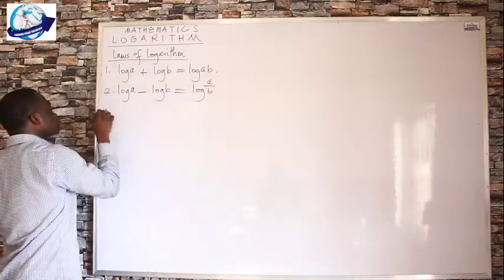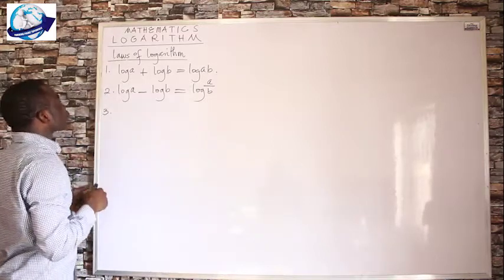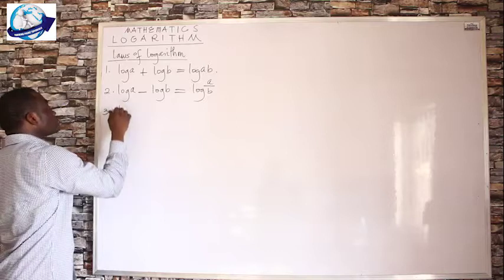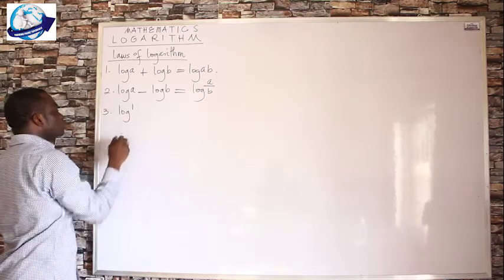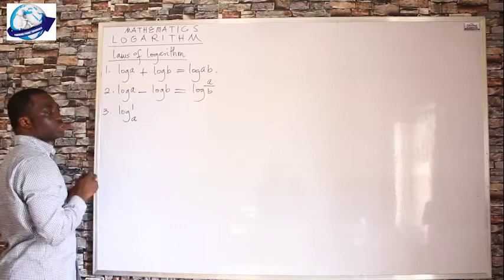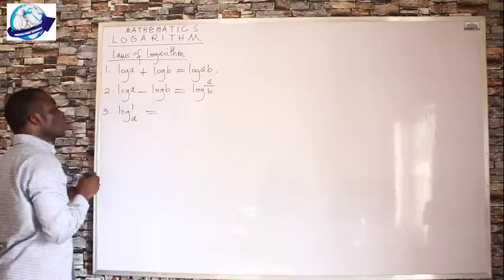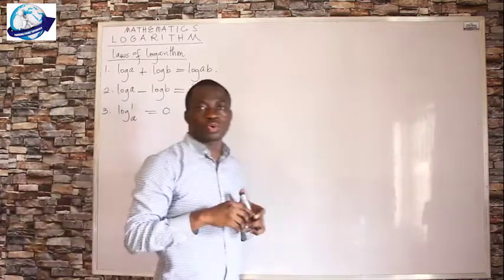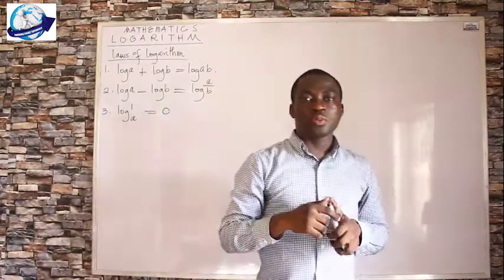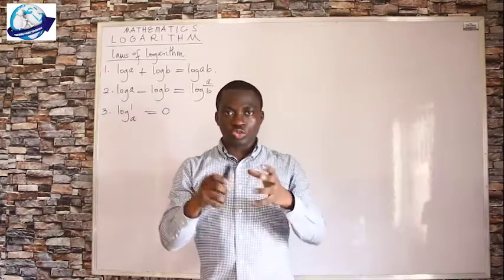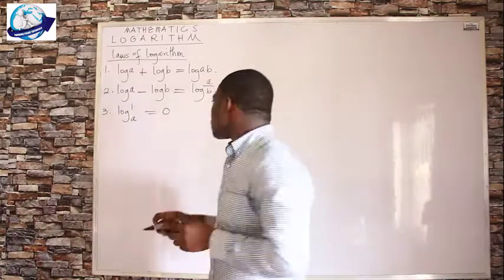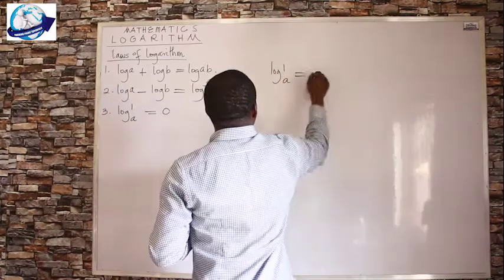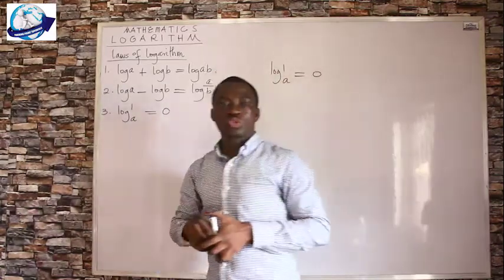Beautiful. Then we want to look at another principle. Log 1 to any base at all, let's put base A this time, is 0. When I say log 1 to any base is 0, what do I mean?